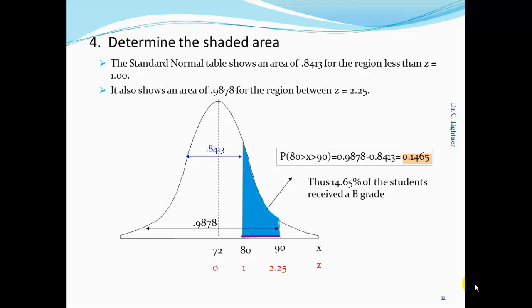If you go to your standard normal chart, you'll see that the area to the left of a z-score of 1 is 0.8413, and the area to the left of a z-score of 2.25 is 0.9878. Therefore, the shaded region is the difference between these two areas, or 0.1465. Accordingly, we have determined that 14.65% of students will receive a B grade.